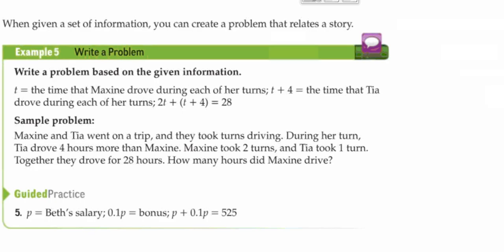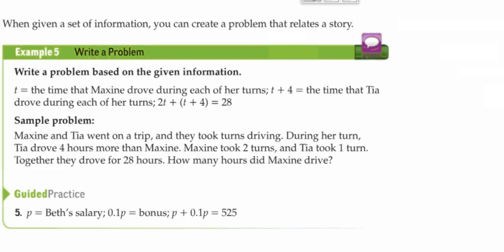So now, example 5. When given a set of information, you can create a problem that relates a story. So number 5. So write a problem based on the given information. T equals the time that Maxine drove during each of her turns. T plus 4 equals the time that Tia drove during each of her turns. So 2t plus the quantity t plus 4, or 2 times t plus the sum of t and 4 equals 28.